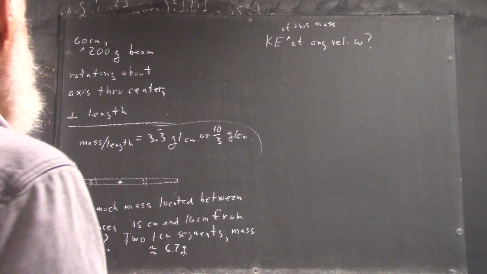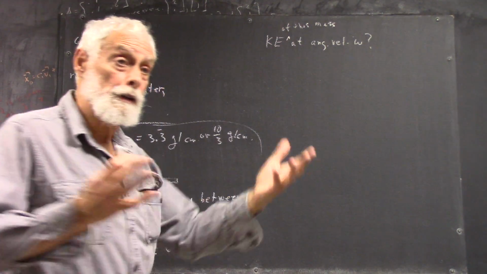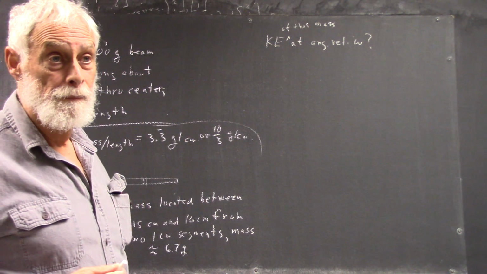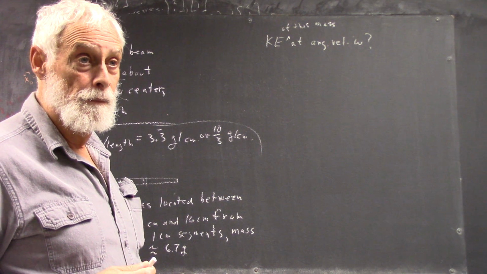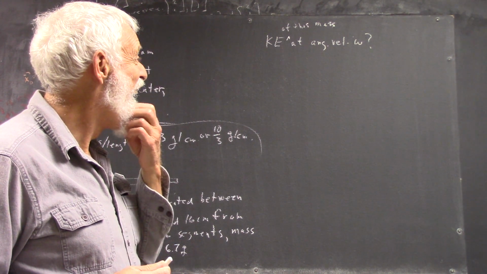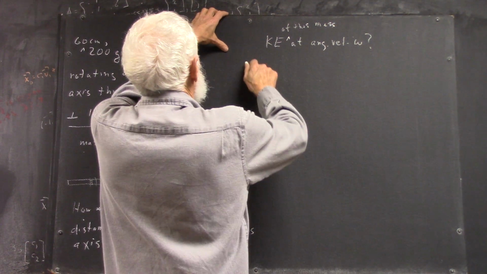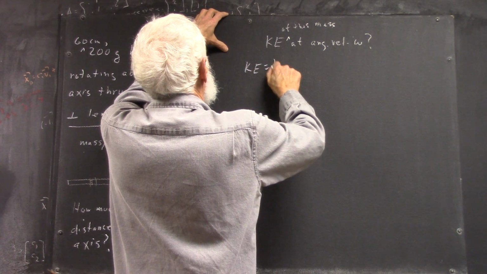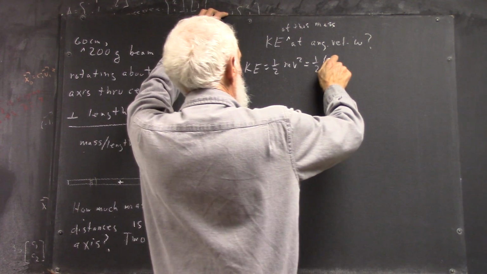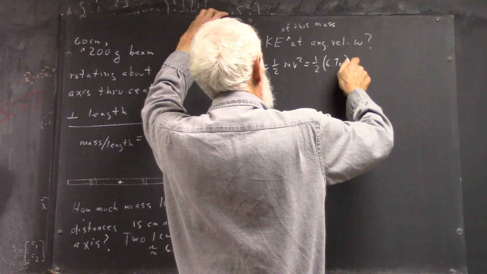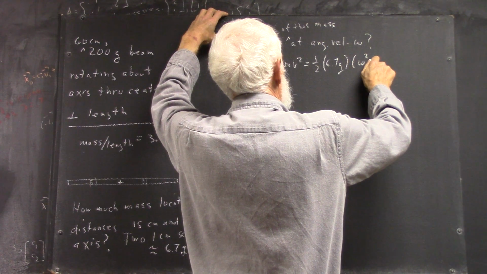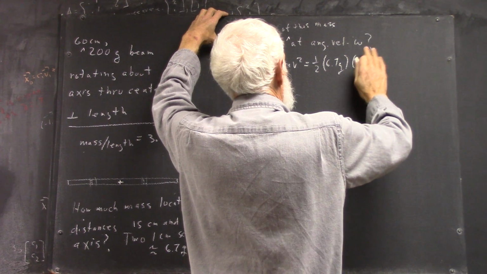Well, the kinetic energy is what? Go ahead. One half, omega times 6.7. Omega times, got a length of it as well.